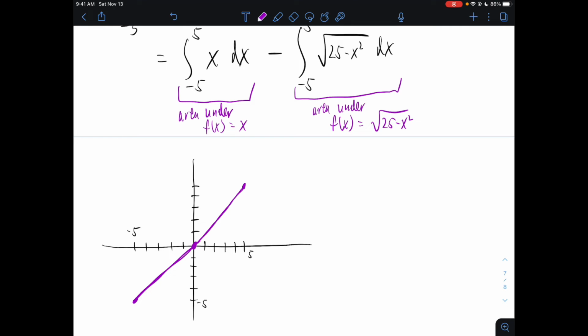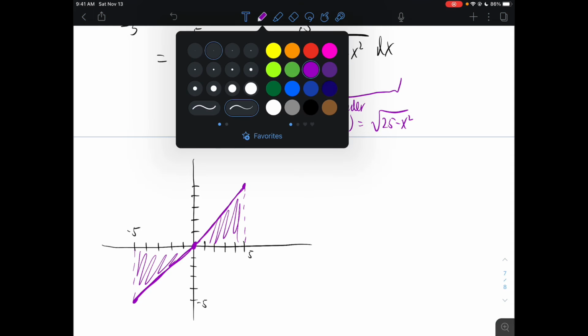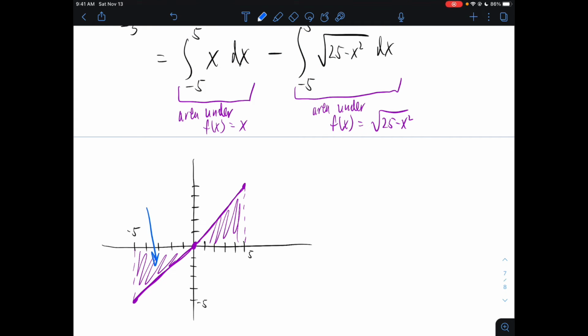Now, if we're finding the area under this curve, it means the area between the curve and the x-axis. These two triangles that I've drawn here have the exact same shape. Right? The base is 5 and the height is 5. So their areas are actually equal, but one of them is negative.